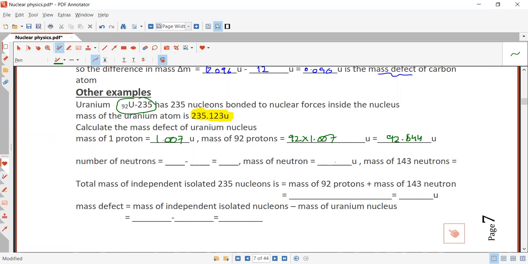And the number of neutrons is 235 minus 92, which is just 143 neutrons.